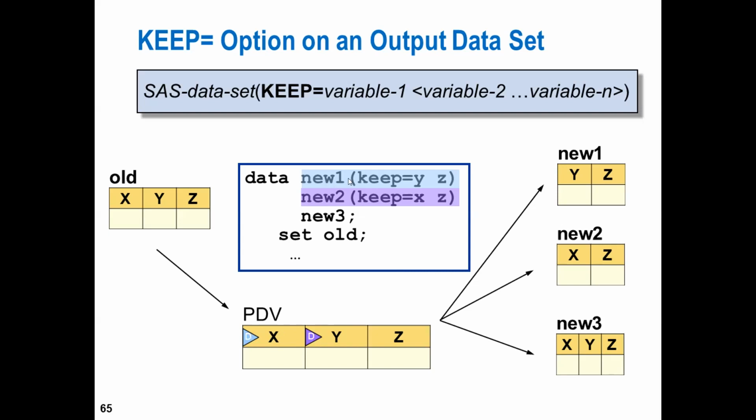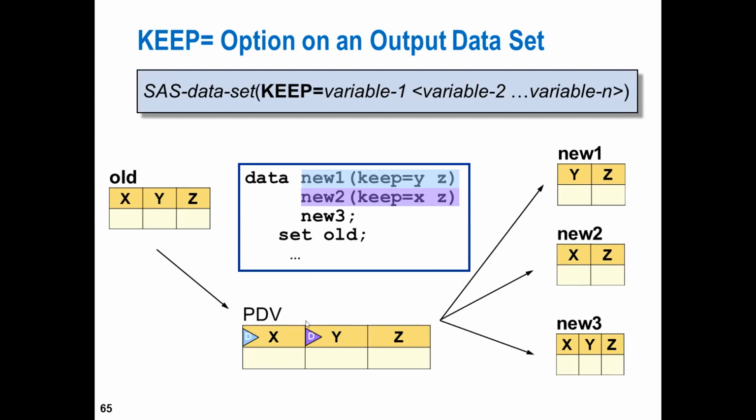So when you write keep equal to YZ for new one, obviously X is dropped for new one. When you write keep equal to YZ, obviously X is dropped for new 2 as well. Here there is no selection, all 3 variables are kept.